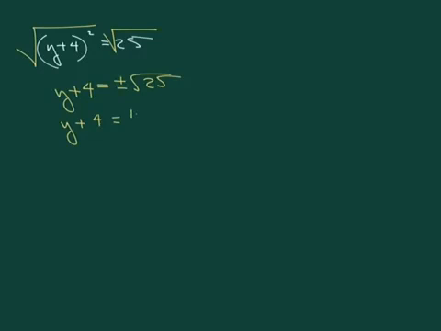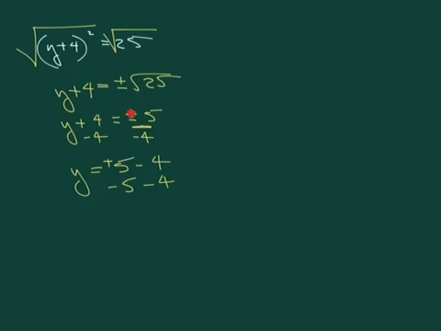What is the square root of 25? 5. So we get a plus or minus 5. So, let's go ahead and subtract 4 from both sides. So y equals a positive 5 minus 4 and a negative 5 minus 4. Because remember, we have a plus or a minus here.